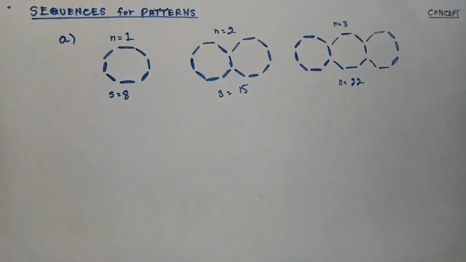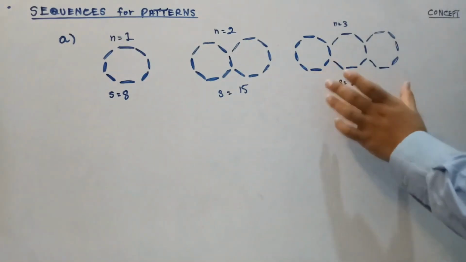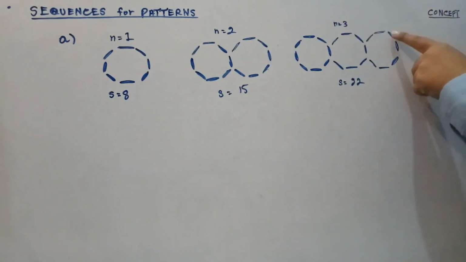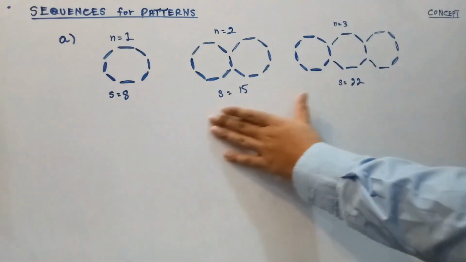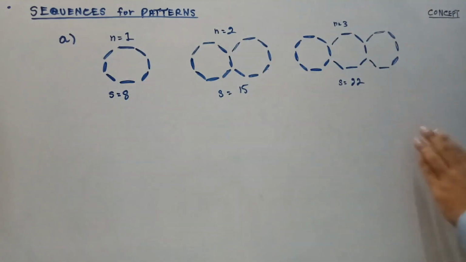And then we are going to find the formula to calculate the number of sticks. You can see here we have small bars, or small sticks, in that pattern.